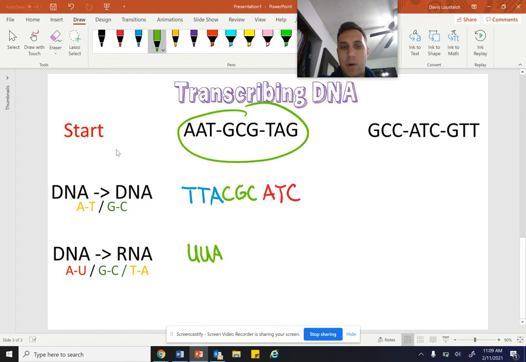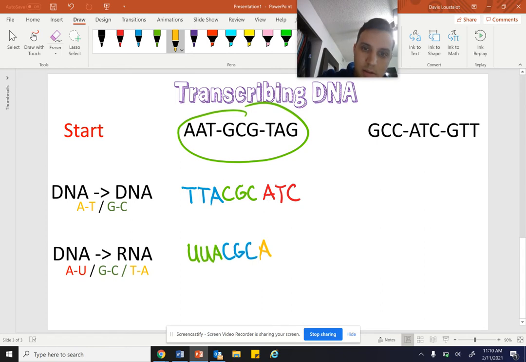Okay, so that's the kind of part that people get mixed up. They start turning T's into U's, but it's not that the T's become U's, the A's become U's, because normally the A's become T's, but there's no T's in RNA, so they have to be U's. So remember, still looking at this one in the green circle, G becomes C, C becomes G, G becomes C, T becomes what?